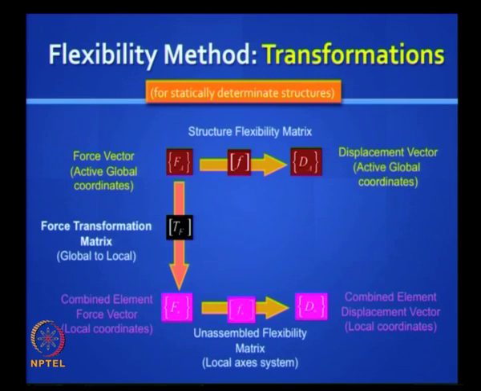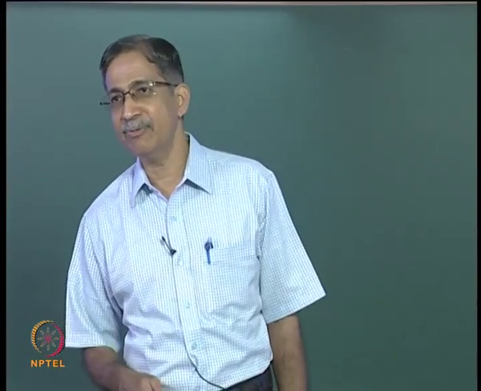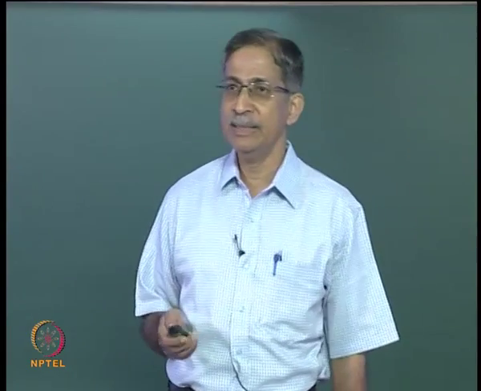You will find that this is based entirely on statics, entirely on equilibrium, there is no compatibility in this relationship, and it is a unique matrix. It is generally a square matrix which you can derive by applying unit load one at a time. We will demonstrate all that. We have done that for trusses, we will do it also for beams.